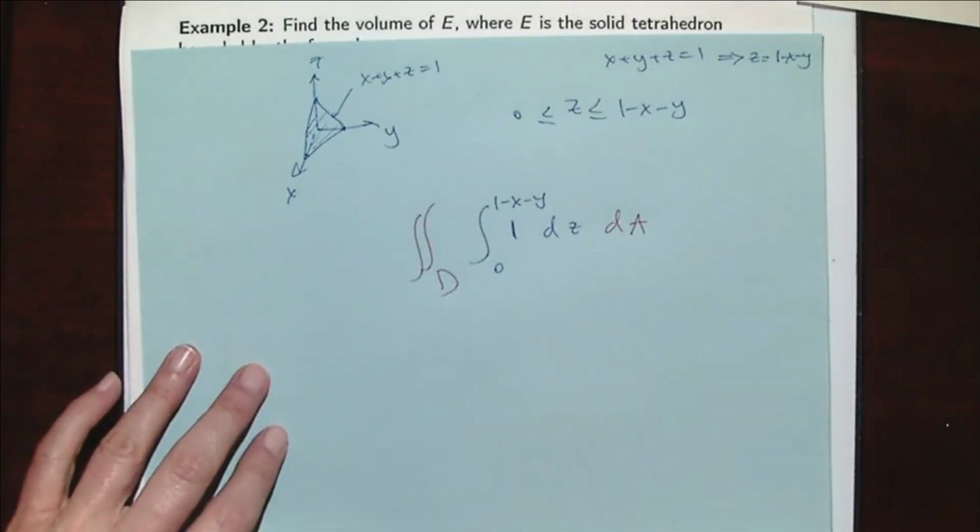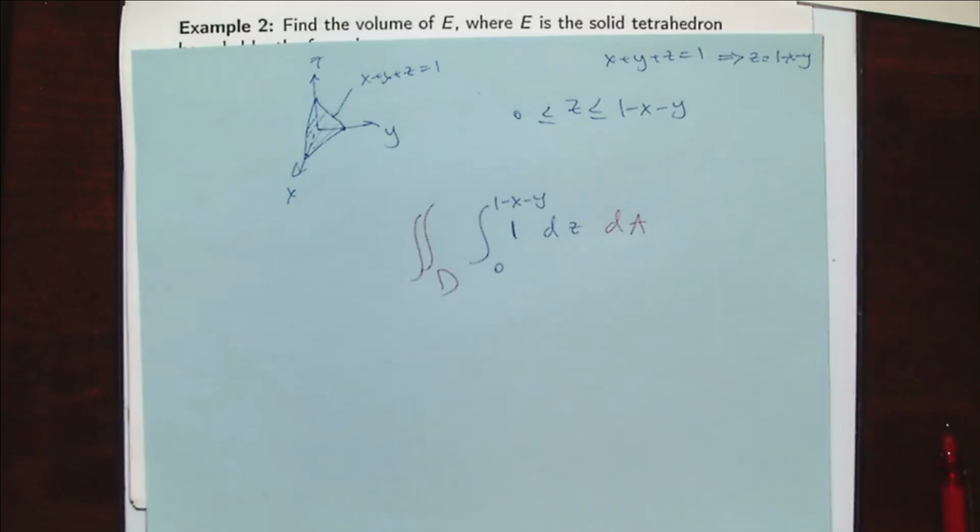How do I set up that double integral? You have to reflect this shape on the xy plane. How do I do it if I have GeoGebra? If I have GeoGebra, I kind of look at this shape. Can you tell what's the reflection of this solid on the xy plane? What does it look like?